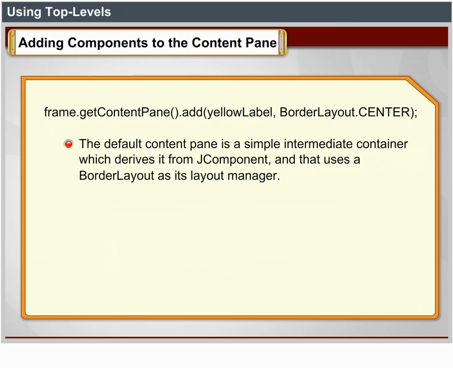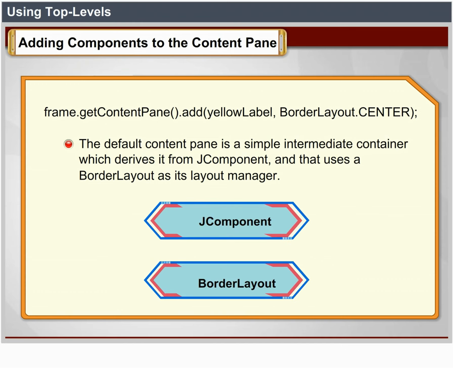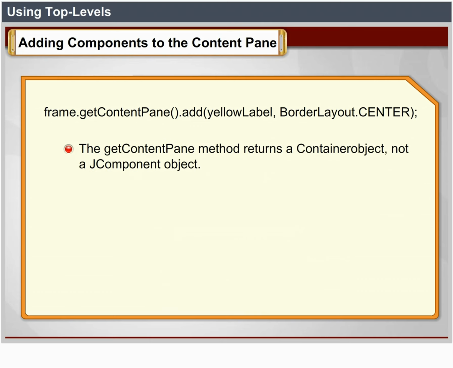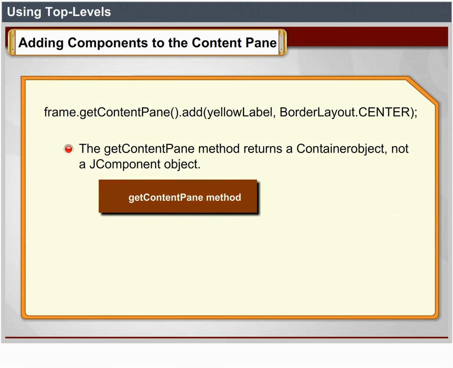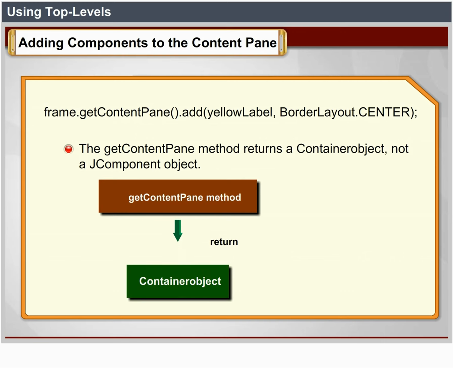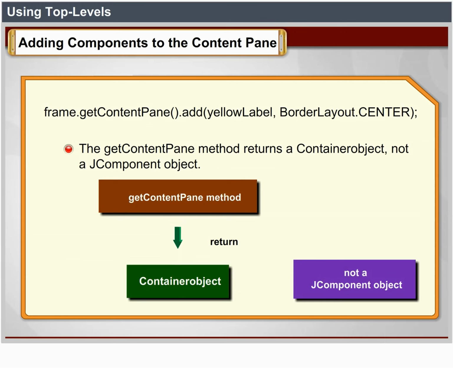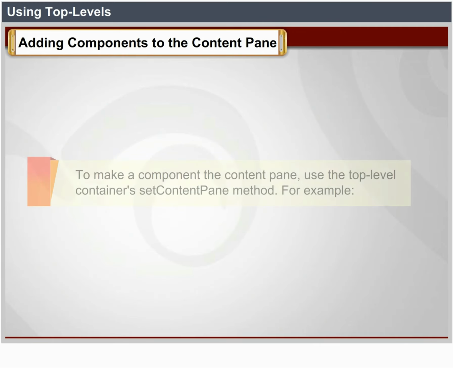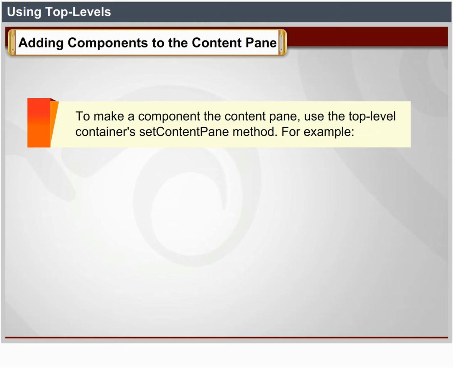The default content pane is a simple intermediate container that derives from JComponent and uses a BorderLayout as its layout manager. The getContentPane method returns a Container object, not a JComponent object. To make a component the content pane, use the top-level container's setContentPane method.